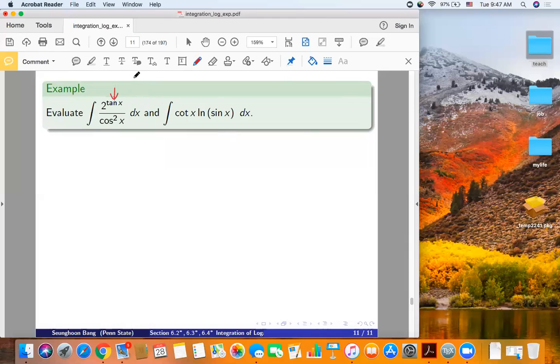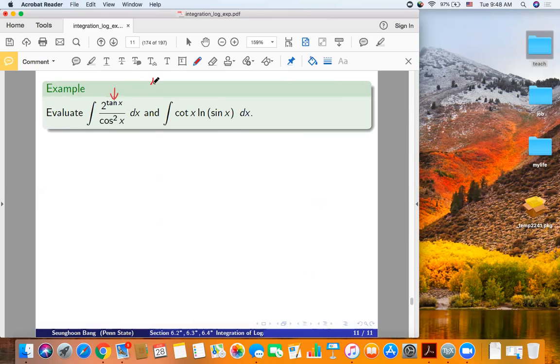Any idea? U substitution is right. What is u? Cotangent is right. My question: what is tangent x prime?